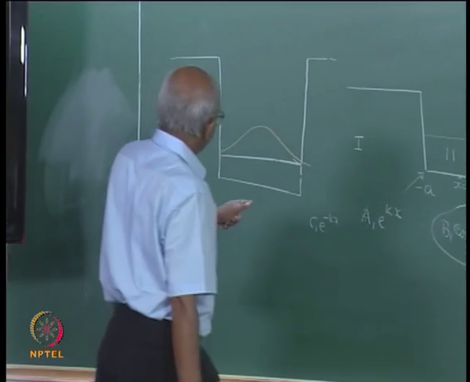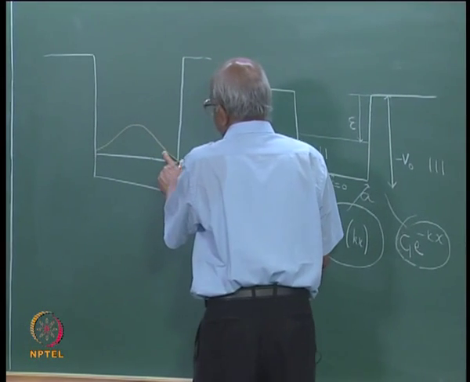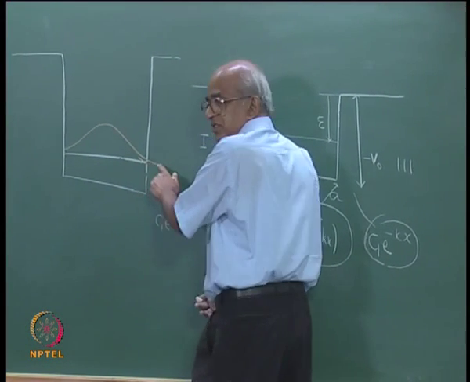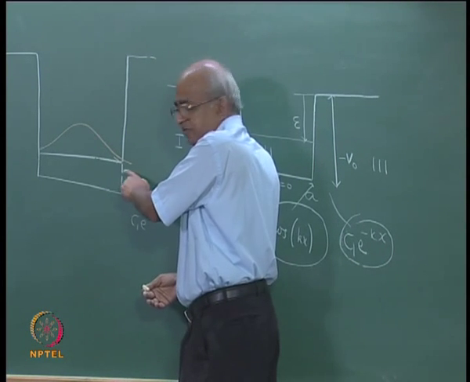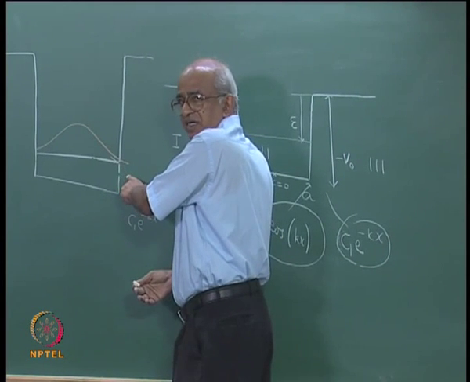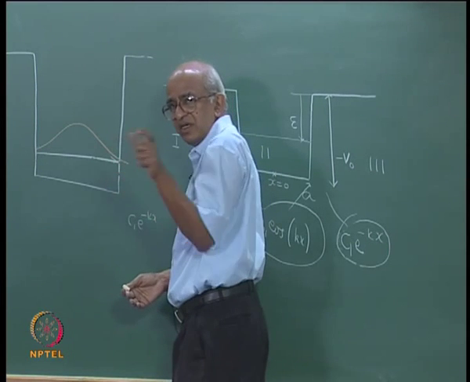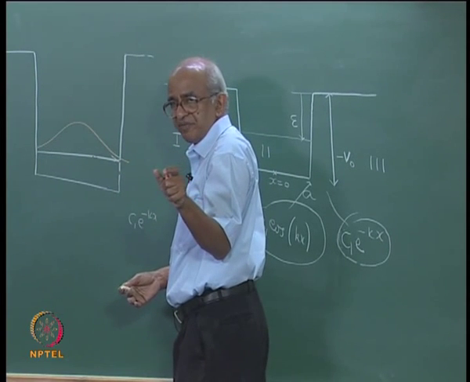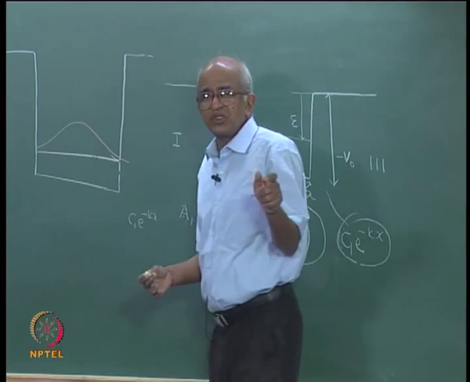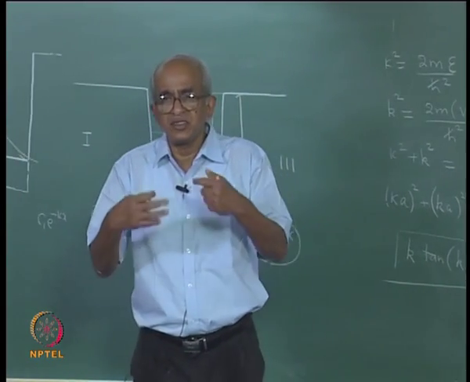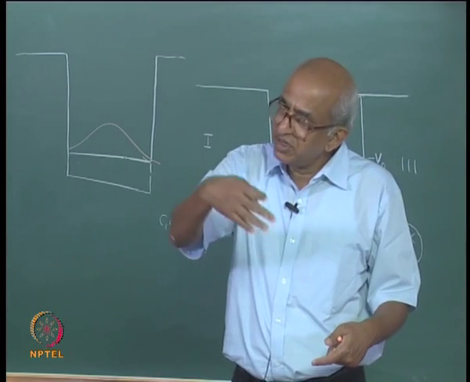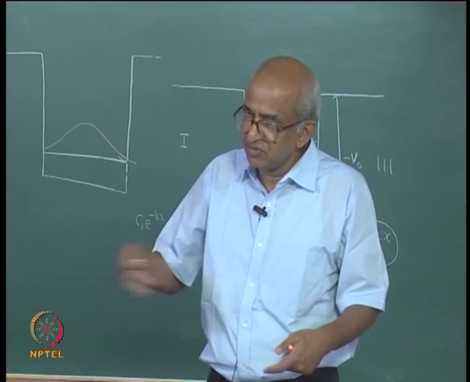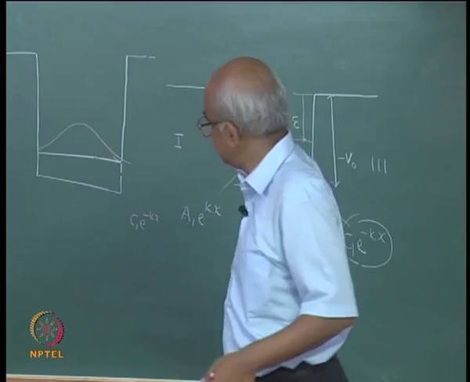But quantum mechanically speaking, the wave function actually decays exponentially into that region. So, it is possible for the particle to be found in that region also, but with a very small probability. This is essentially because of the wave nature. A wave does not terminate abruptly, it will only be terminated smoothly, and that is the reason why the wave function enters into that region.